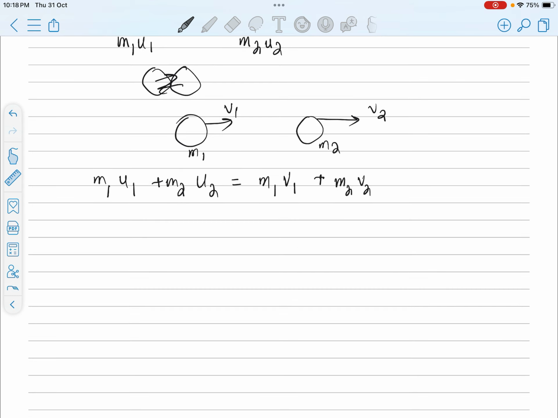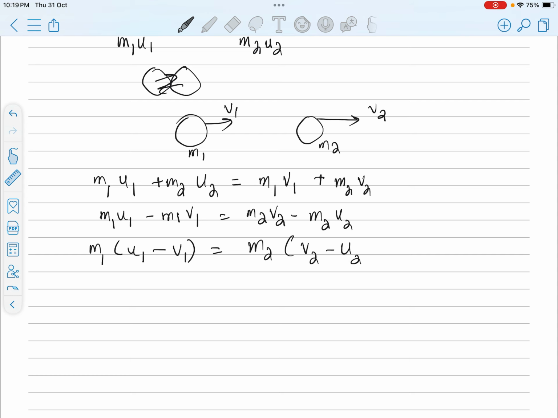For example, I will bring m1 u1 minus m1 v1 on one side, because these are the momentum before and after collision of body with mass m1, and m2 v2 minus m2 u2. Why did I do that? Because you can see I can take m1 common in this case. m1 (u1 minus v1) equals m2 (v2 minus u2). Now this is the conservation of momentum.